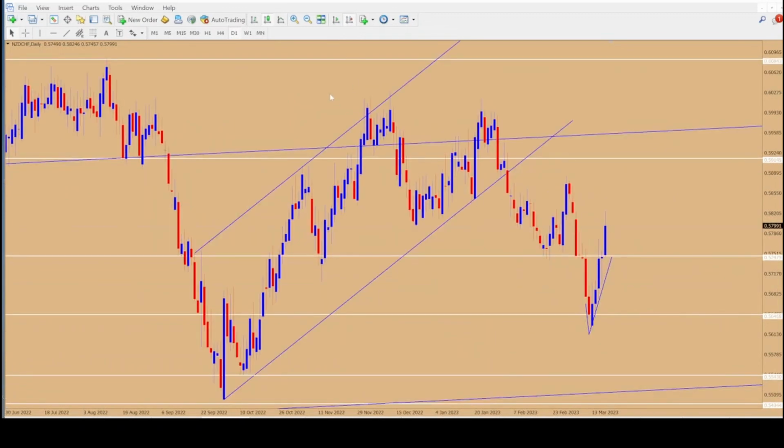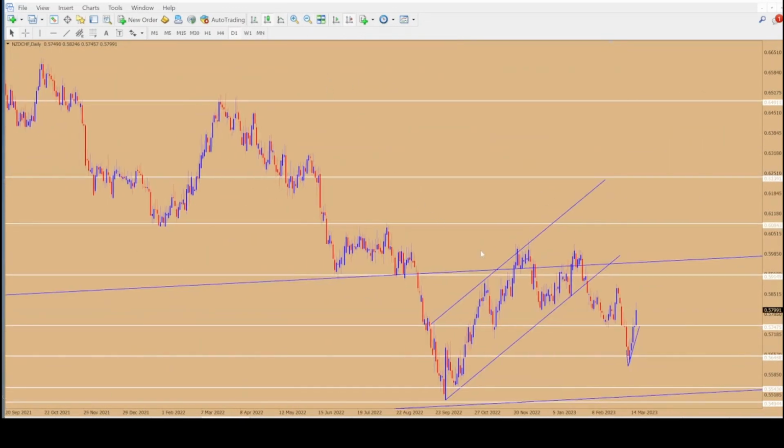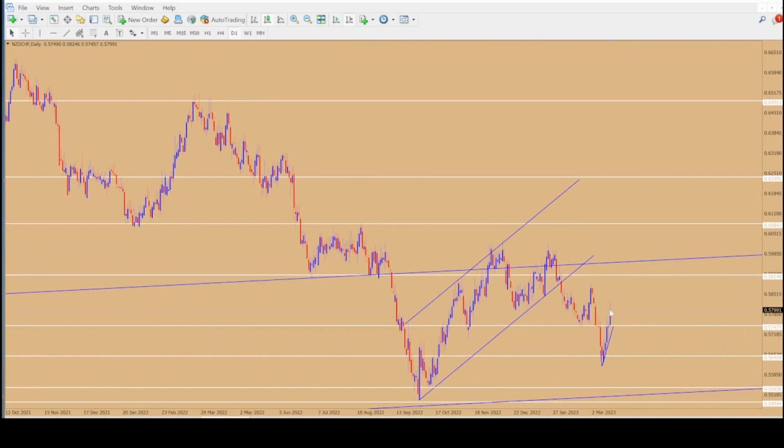What opportunity can we take from this with our strategy? Well, what I would expect is just let the market do whatever it wants to do, but only wait for it at significant areas of the market. So if the market penetrates this 0.5747 area and closes significantly bullish above, then we can look for buys to as high as 0.5914 area, or even much higher to the 0.6084 area.